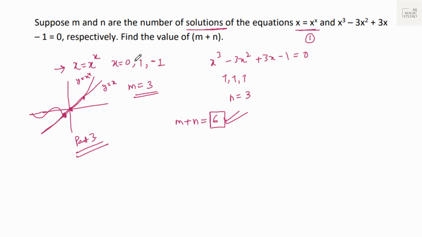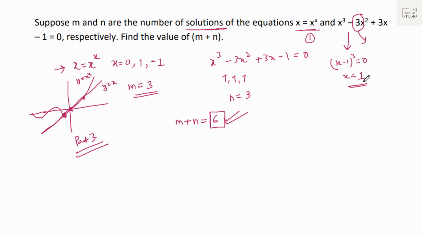We'll have 3 real solutions for the first one, and 3 solutions for the second one. Now somebody may ask, this is actually x minus 1 whole cube equal to 0, so x should only be 1. But try to understand, they are asking about the number of solutions, not the value of x. The value of x in all the 3 solutions is 1. If we say that only the value of x is 1, then how will we prove that the sum of the roots of this equation is 3?